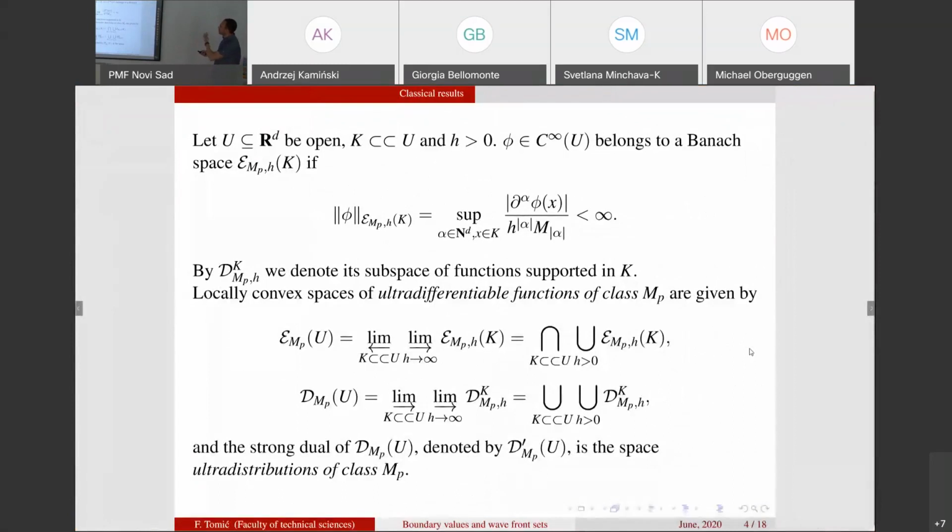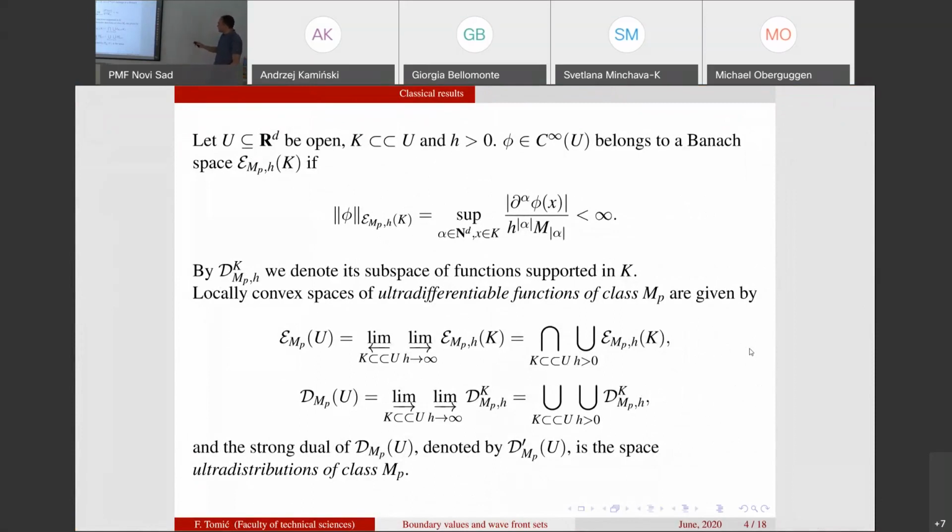And we, of course, define the corresponding classes of functions, as you can see. The functions are smooth, but their derivatives are controlled by these types of sequences. We have this with projective and inductive limits.